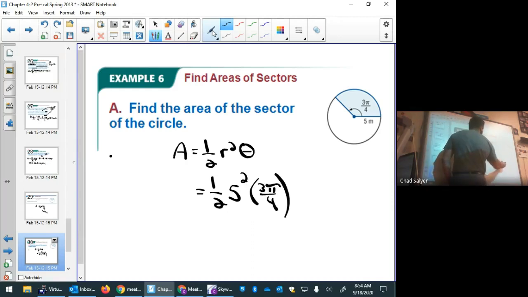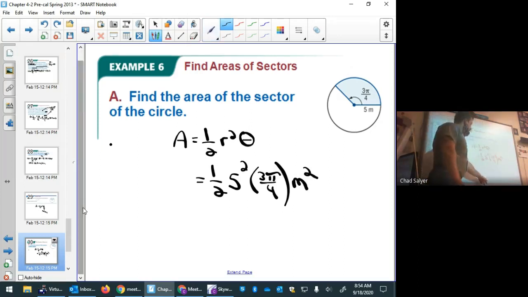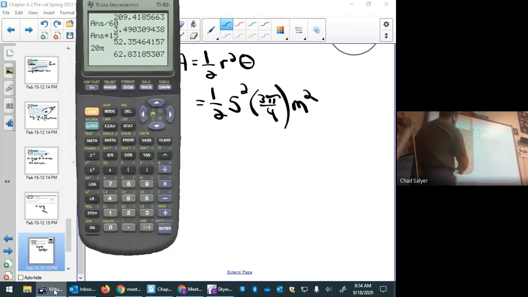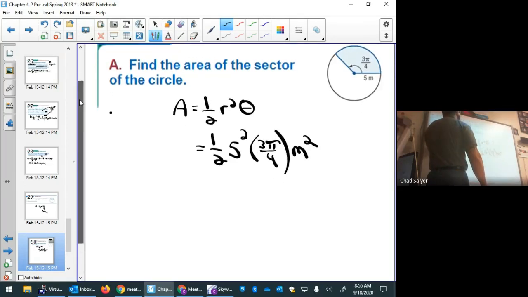And that's going to be in meters squared. So 0.5 times 5 to the second power times 3 times pi divided by 4. 29.5 to the nearest 10th. Is that what they want here? Yes.